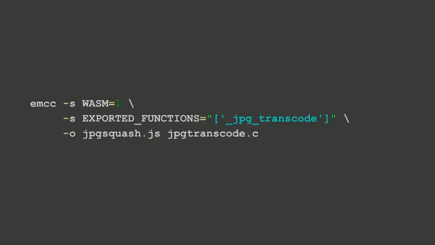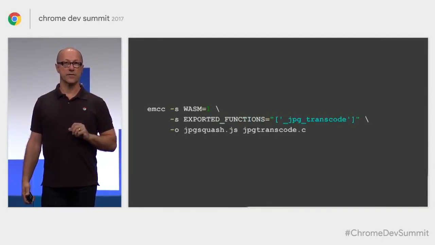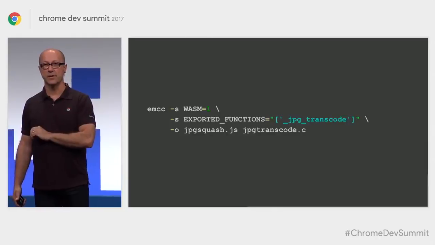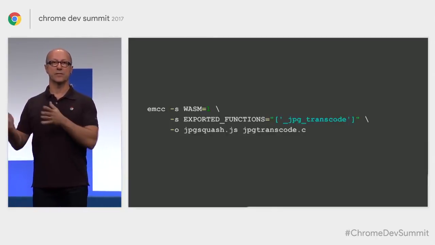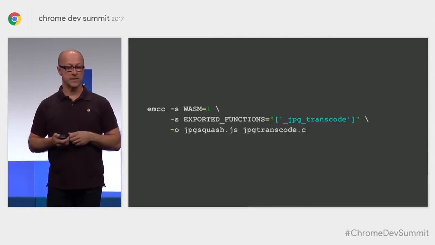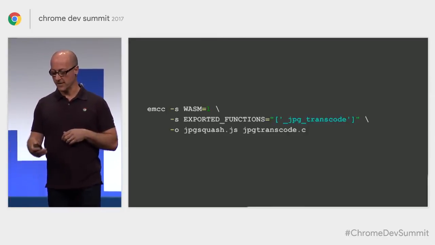So you can actually put a list of functions in here and export all of them. The next line, the output is jpegsquash.js. So that is Emscripten-generated glue code. So that is JavaScript code that manages the WebAssembly module for you. So it manages the interface, it manages the loading, it manages all the calls in and out, etc. And then, of course, the last thing is my source file, jpegtranscode.c.